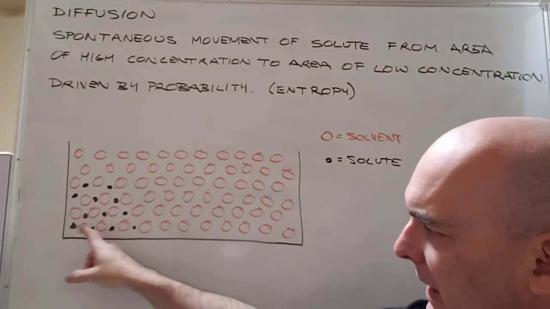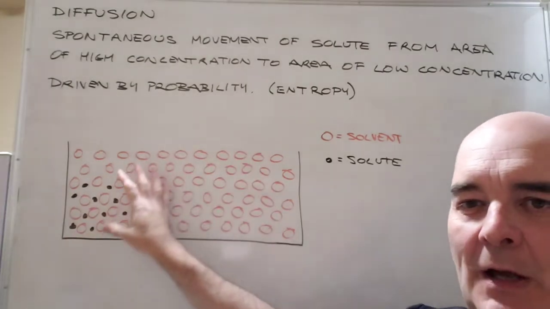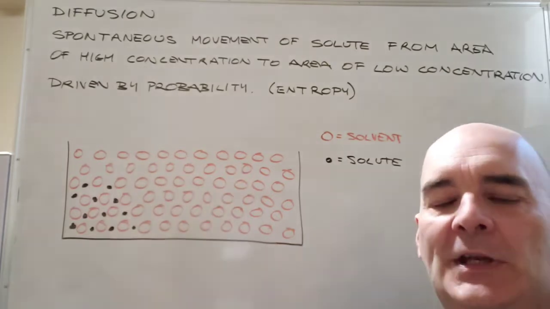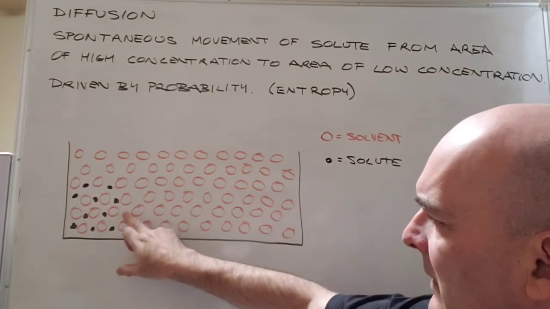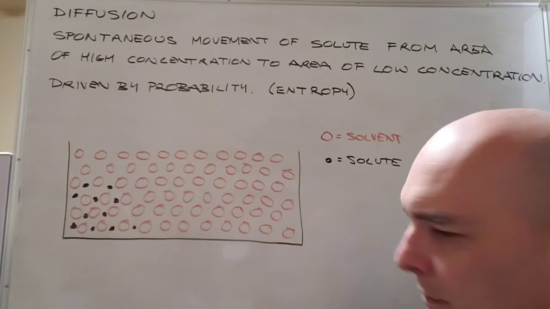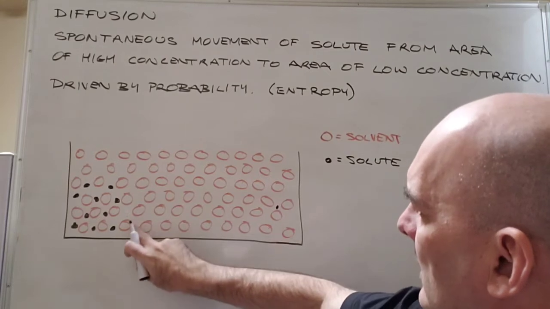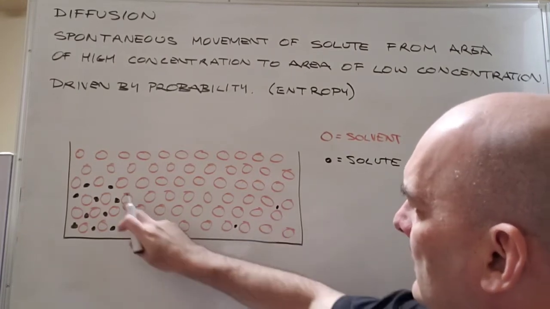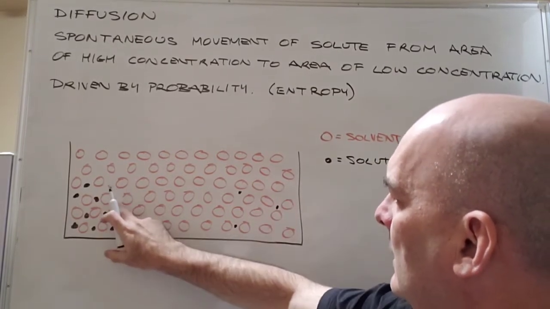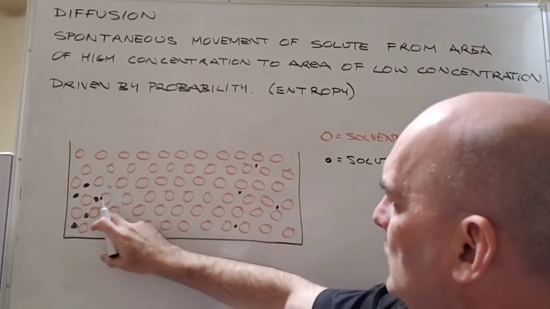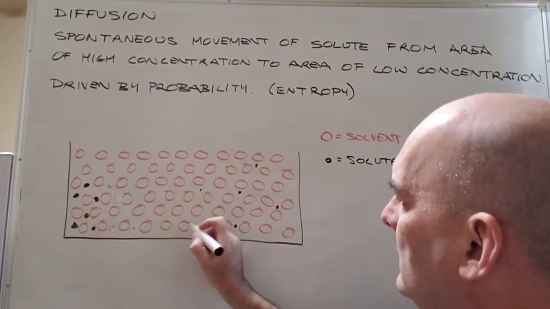If we start the day with a high concentration here, and all of these particles are allowed to move because there's enough kinetic energy in the solution, what we'll see is that those particles will drift. And as they drift away, and they even out, they're just going to find the place where it is most probable to happen.